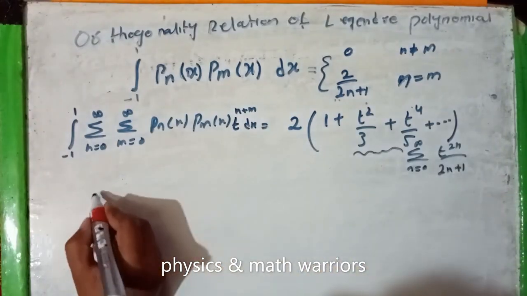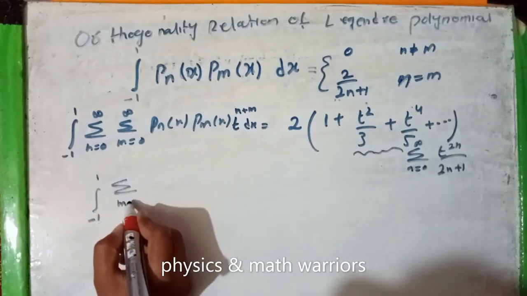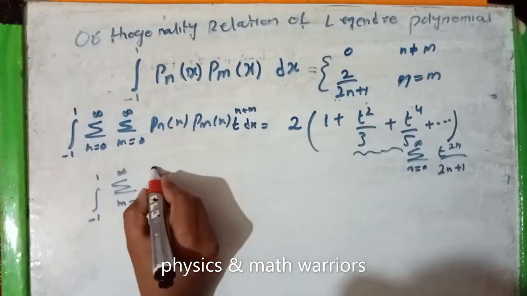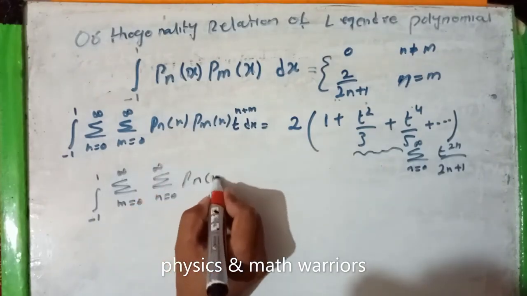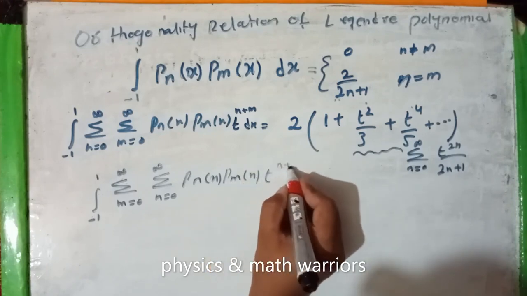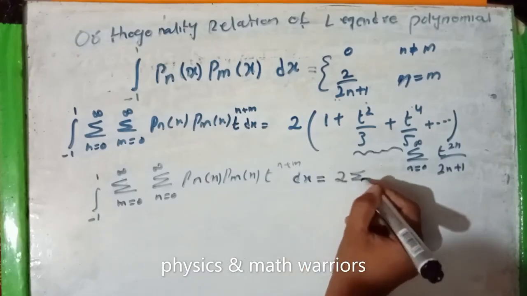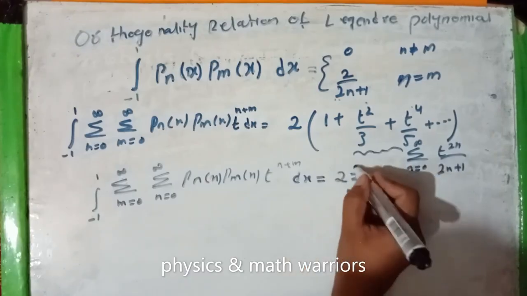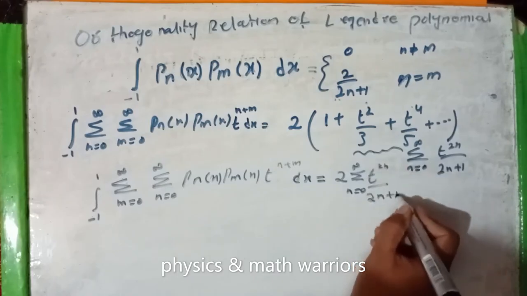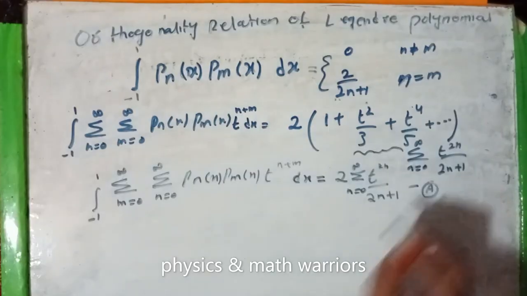So this becomes integral from -1 to 1 summation m is equal to 0 to infinity summation n is equal to 0 to infinity P_n(x) P_m(x) t raised to power n plus m dx is equal to 2 summation n is equal to 0 to infinity t raised to power 2n over 2n plus 1. This is equation number A.